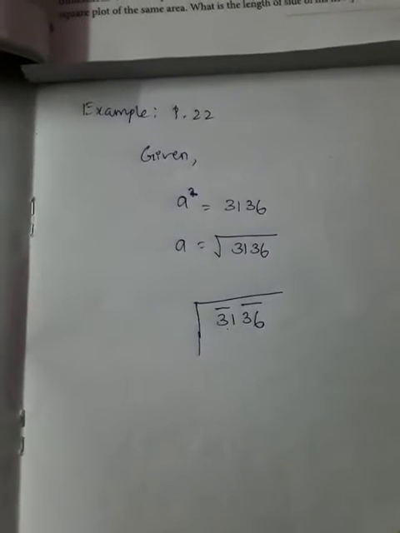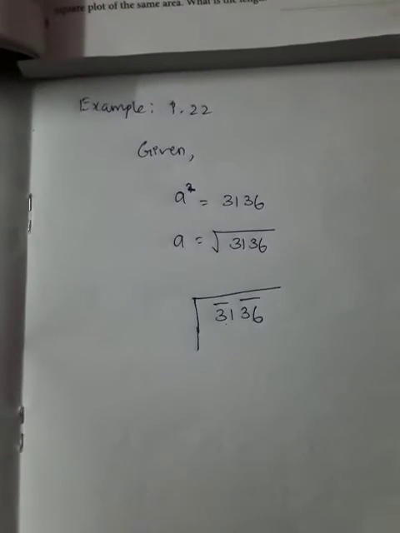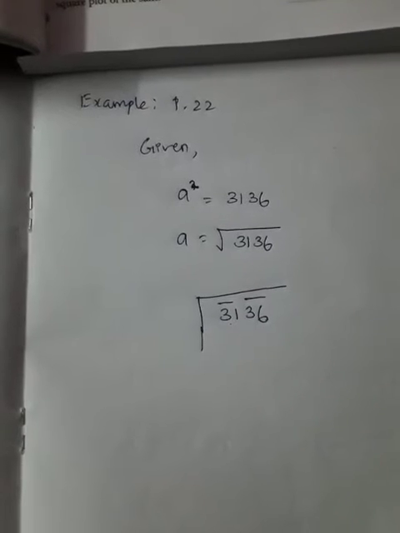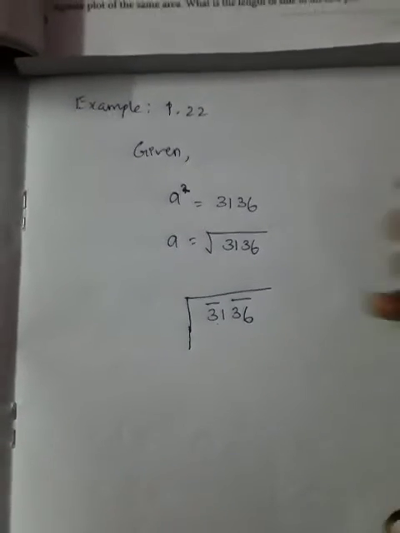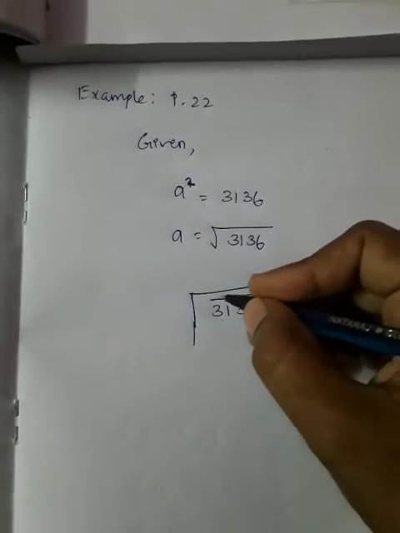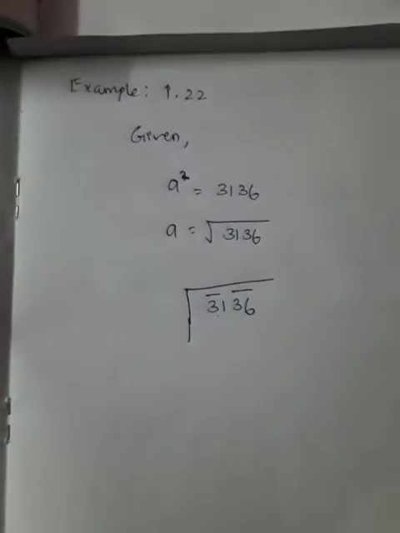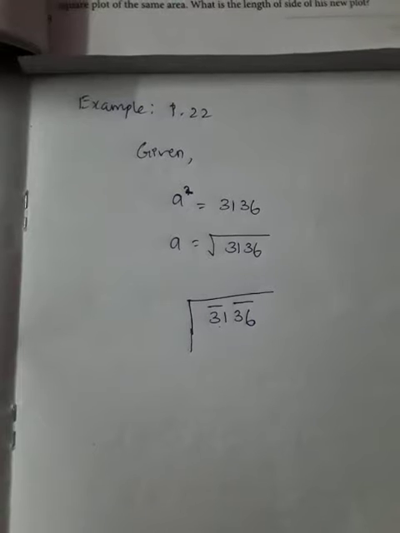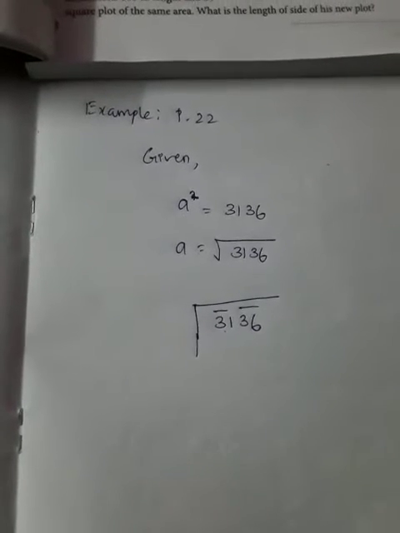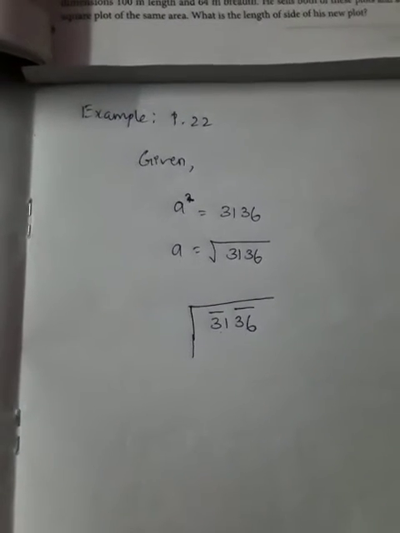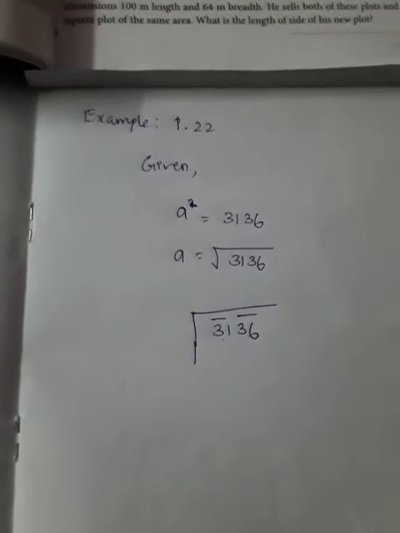Here we are doing the square root, so always you want to take the square numbers. Will 30 be a square number or not? No, because you should be able to express the number as a product of two same numbers.